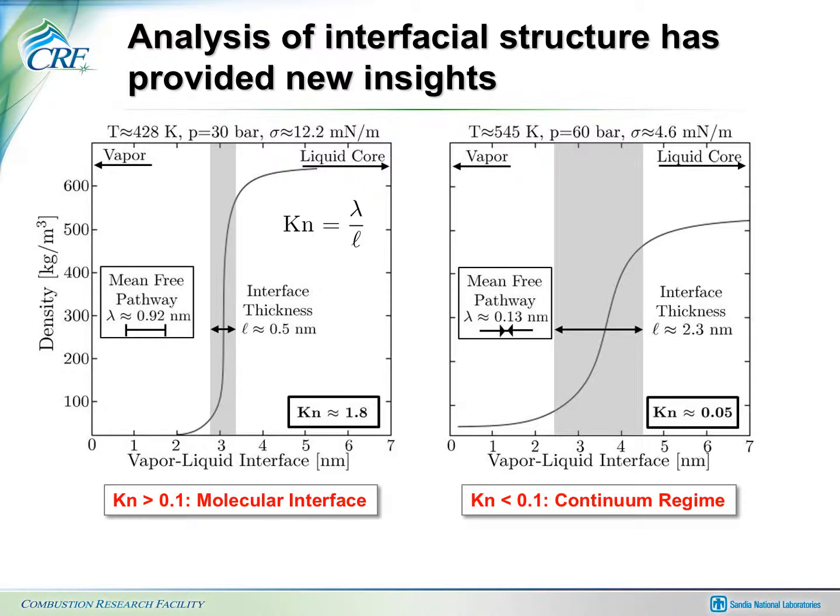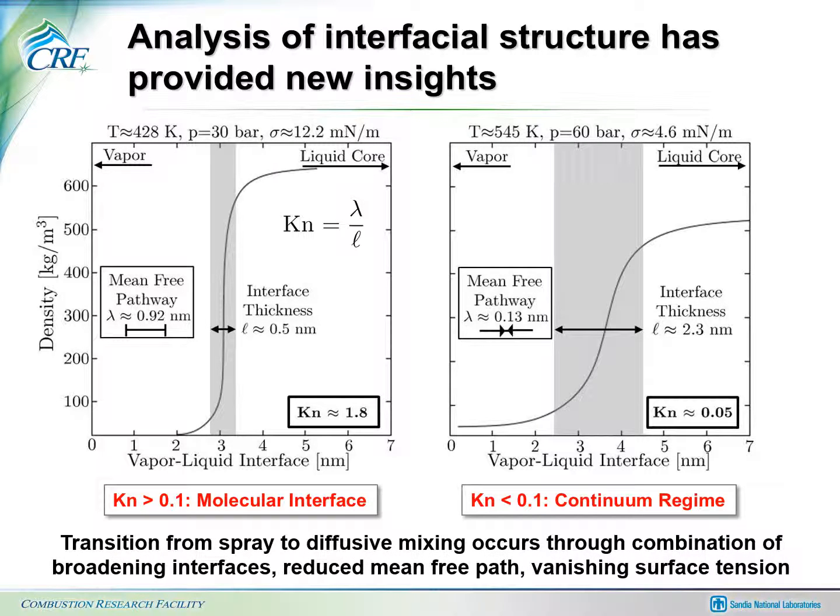But what else is interesting is that the interface thickness has increased to 2.3 nanometers, while the mean free path, because of the increase in pressure, has decreased. That combination has led to a Knudsen number of 0.05 for this case, which, because it's less than 0.1, implies it's more of a continuum than not. So the conclusion, after a lot of analysis, is that the transition from spray to diffusive mixing occurs through a combination of broadening interfaces, reduced mean free path, and vanishing surface tension.